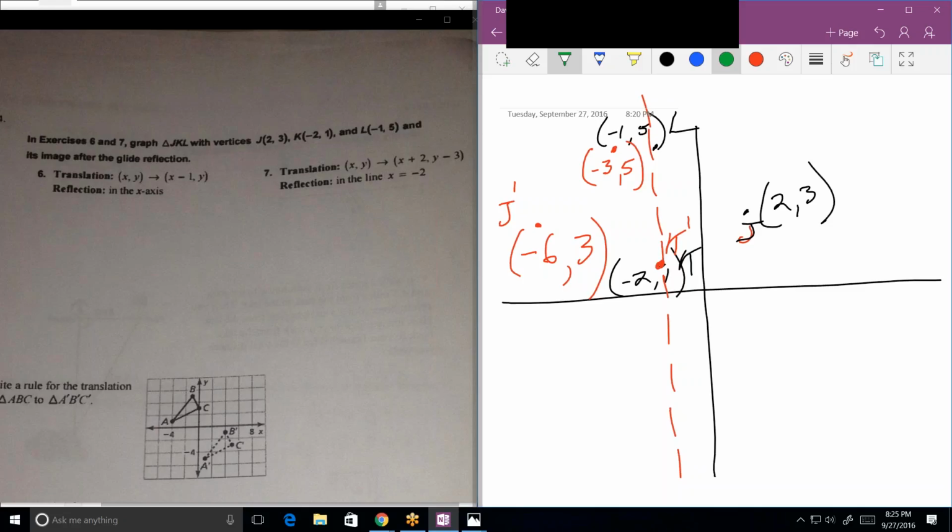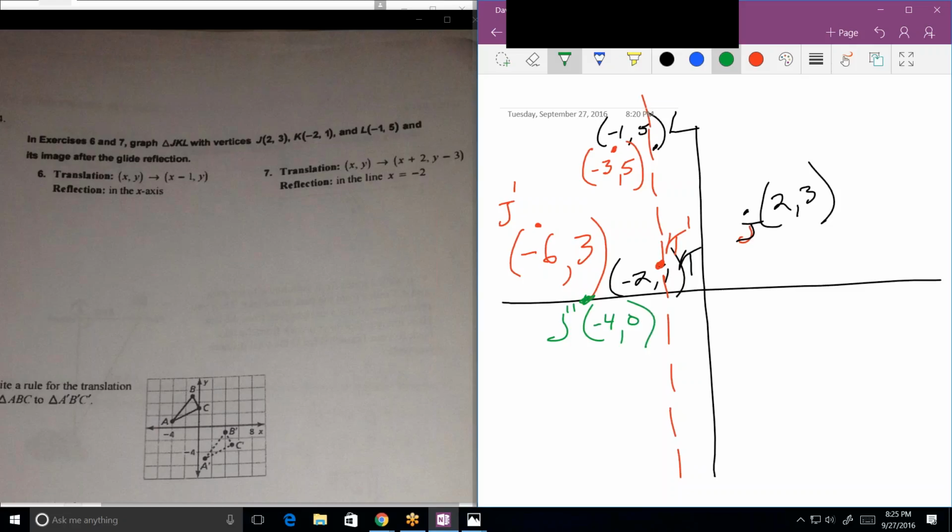What do you get? So it would be -4, 0. Yep. So there's J double prime, and that's -4, 0.